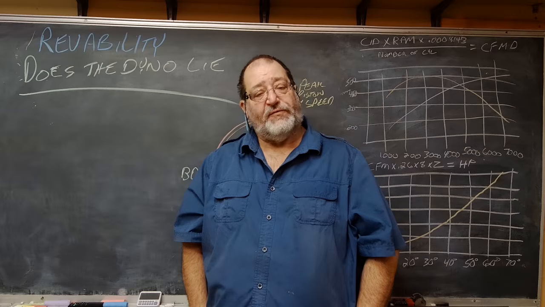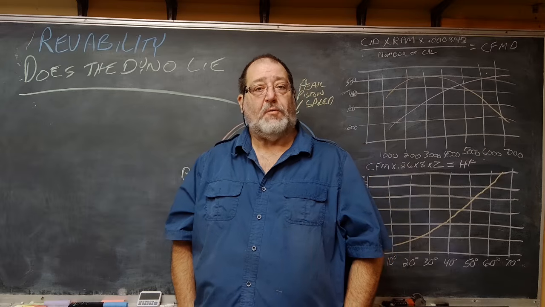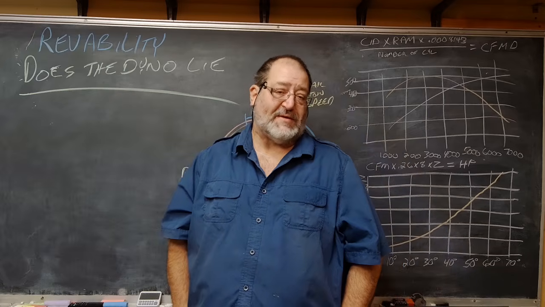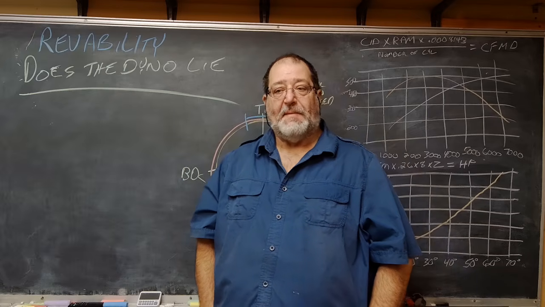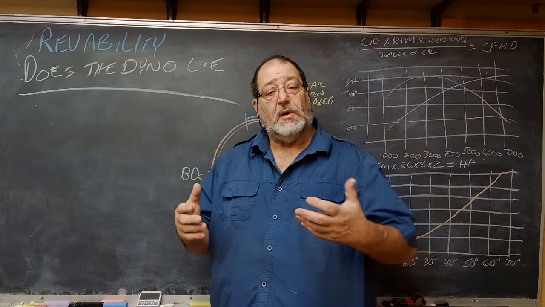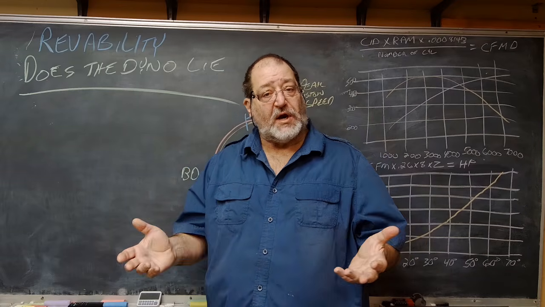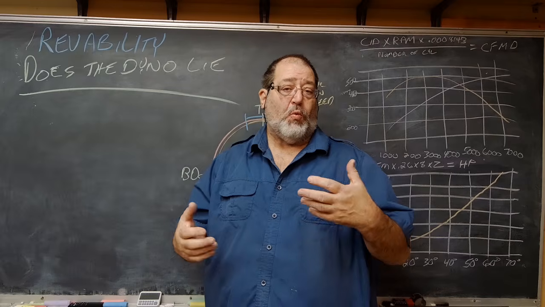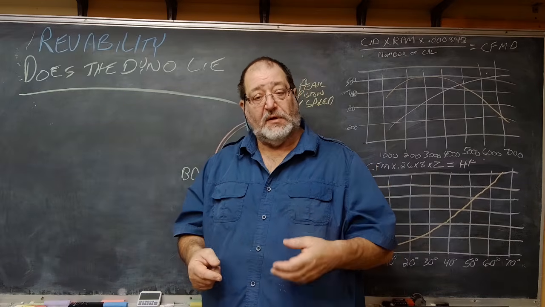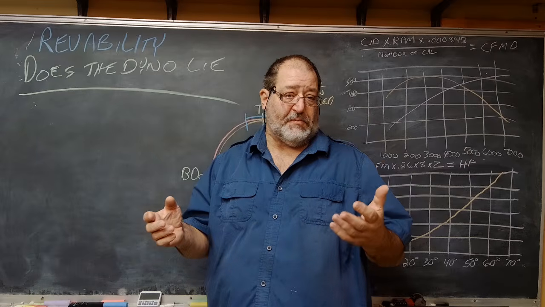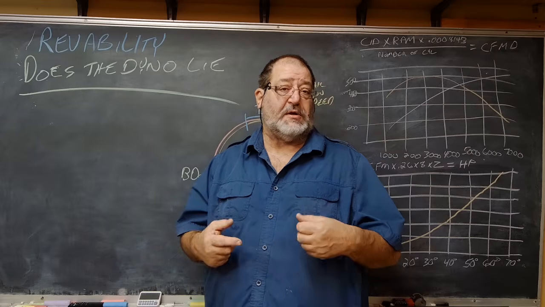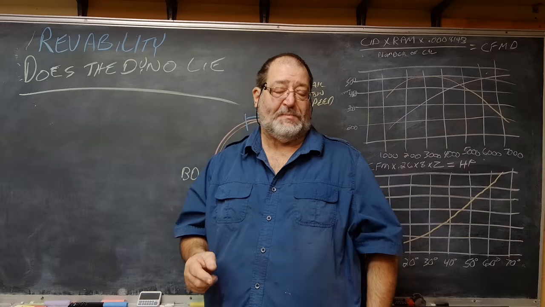But in today's video, I want to talk about revability. Now, yeah, that's a made-up word. I made it up back in the 80s. When I first started building engines, one engine seemed to do better than the other, so I came up with a term called revability: the ability of the engine to change RPM.